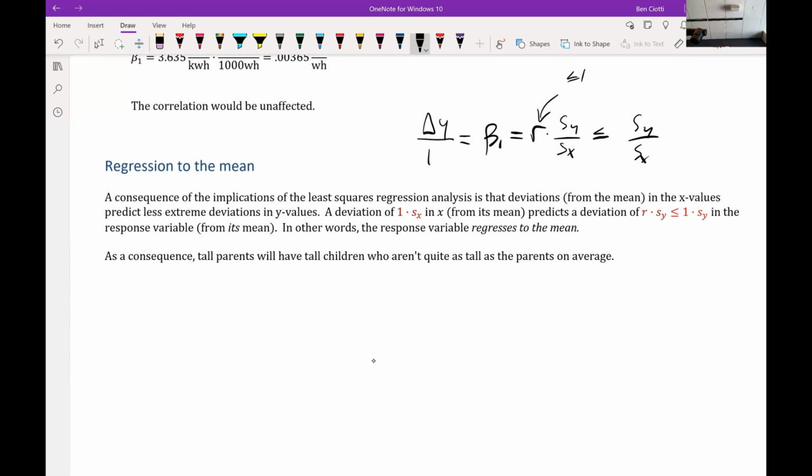I'm trying not to go into too much detail here and just give you the punchline in the interests of time. So here's the punchline. A 1 standard deviation change in x predicts less than a 1 standard deviation change in y. At most, if you deviate x by a standard deviation, it will also deviate y by a standard deviation. And that's for the case that the data lies perfectly on a straight line.